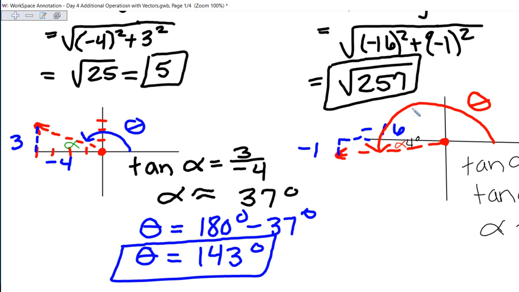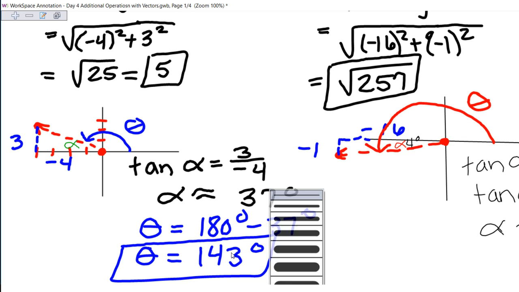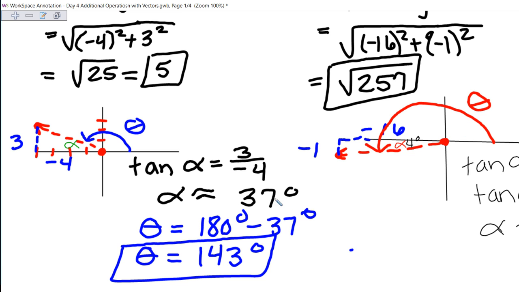Add it to 180 because I went 90 degrees plus the extra. So theta is equal to 180 degrees plus the additional 4 degrees, which would be 184 degrees total.